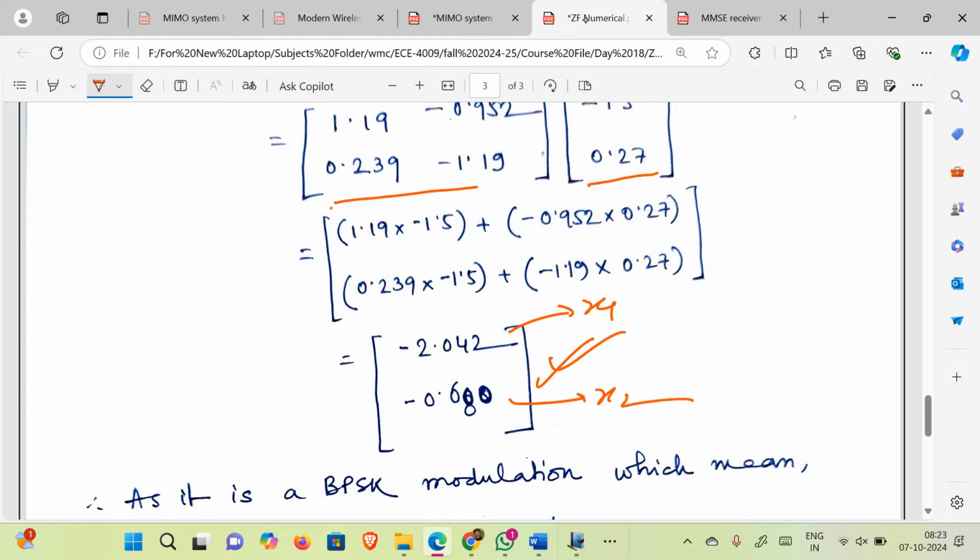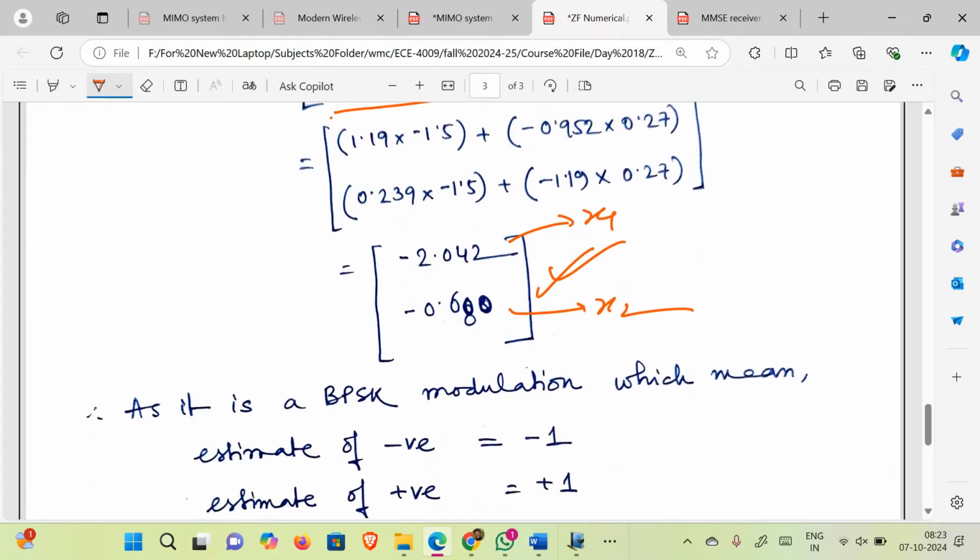Now you can see that this is not the decoded output, because remember the transmitted data is nothing but BPSK modulated symbols. Ideally we are looking at a scenario where ones and zeros have been sent, because it's digital data. So what will be the outcome after this?